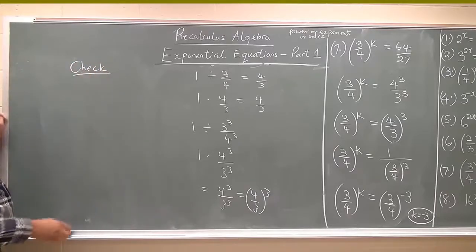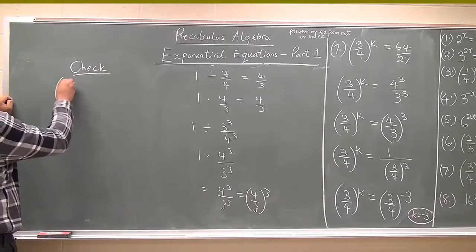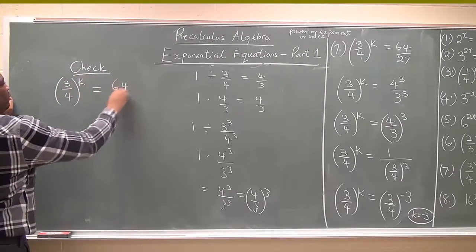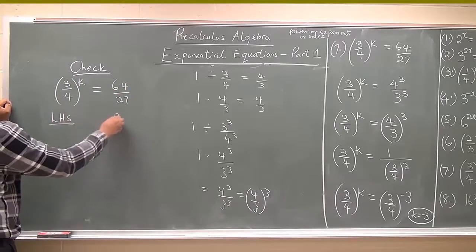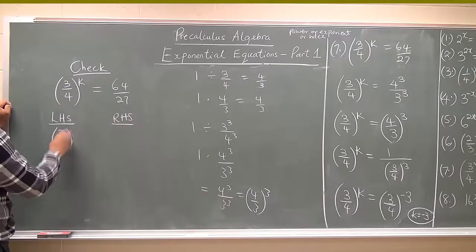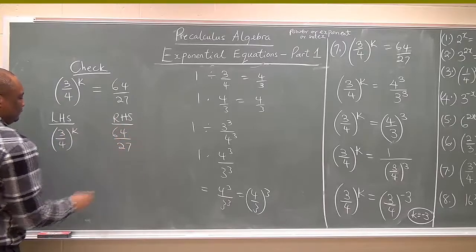We check our work, and in checking, we check from the main equation 3 over 4 exponent k equal to 64 over 27. Left hand side is 3 over 4 exponent k, and right hand side is 64 over 27.